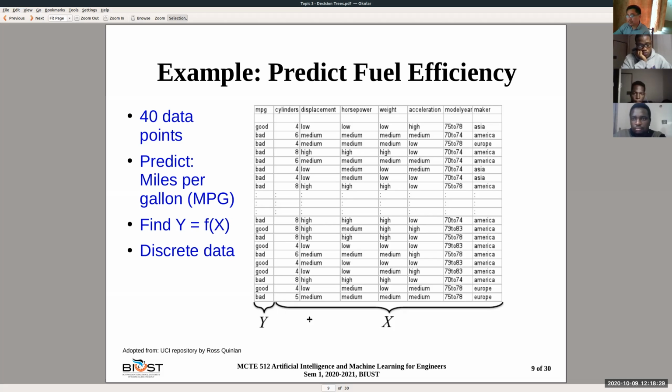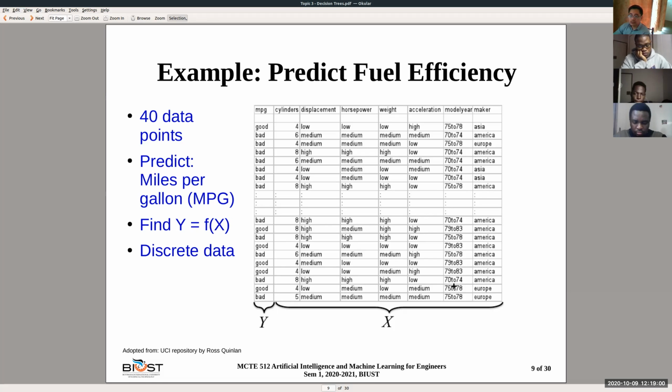Based on this information, all these parameters, cylinder, displacement, horsepower, weight, acceleration, model, and maker, are the X, the input parameters. And the Y parameter, the output parameter that we want to know, is whether its miles per gallon is good or bad, just two values, based on the input information X that will be given.